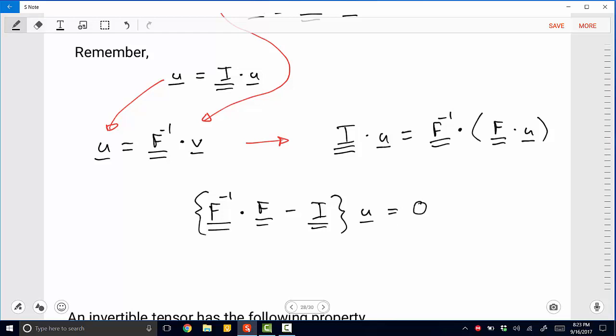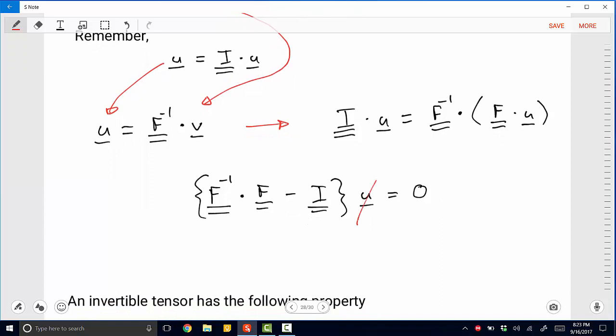So we've collected all of the terms, moved everything to one side, setting it equal to 0, and then collecting the u vector all together, right? So collecting our terms, we end up with this nice relationship here, the F tensor inverse dot product the F tensor minus the identity tensor, all of that with relation to our vector u, right? Now the beautiful thing about this is that we can further simplify this by eliminating our u term.